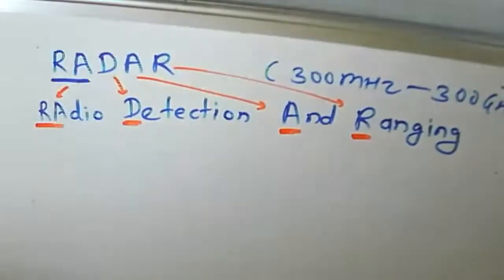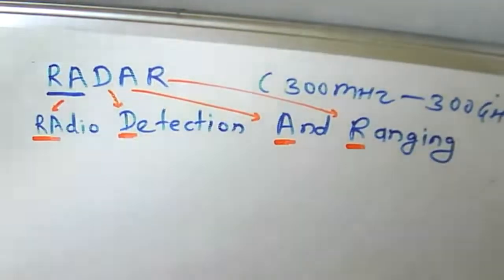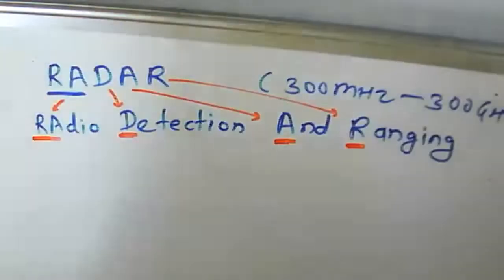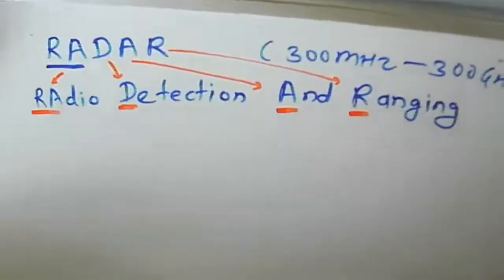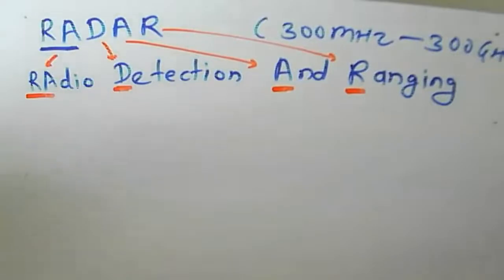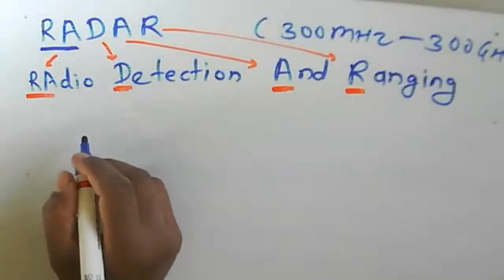So the radar types are based on what type of signal is used by the radar, that is, the input signal.